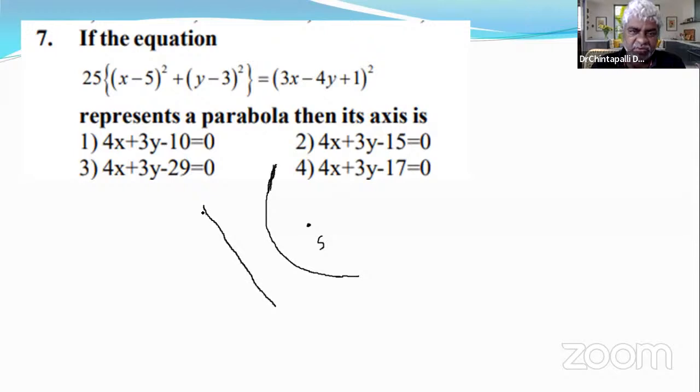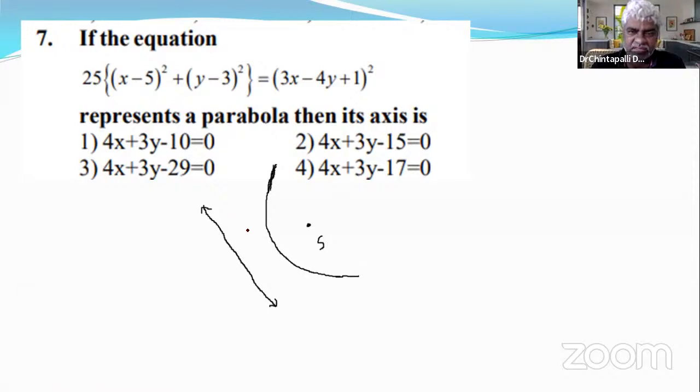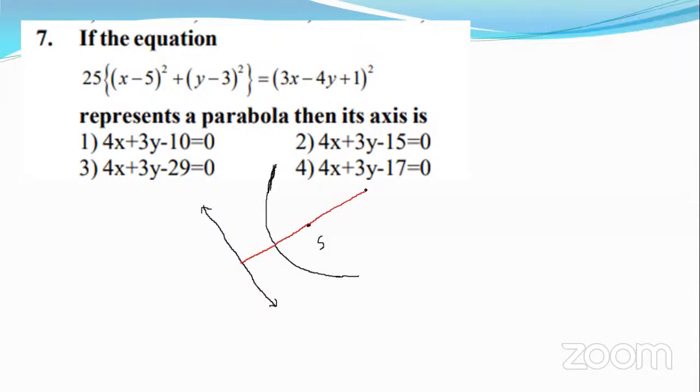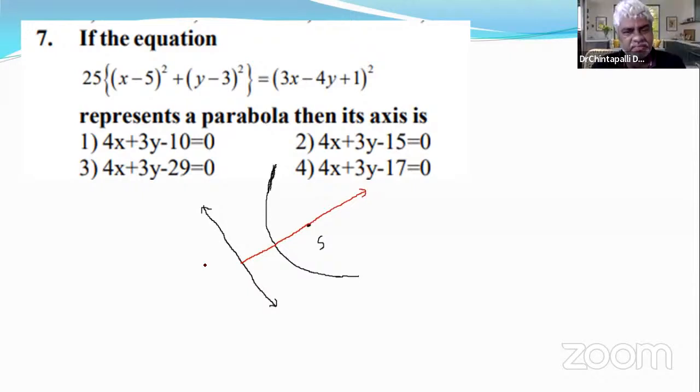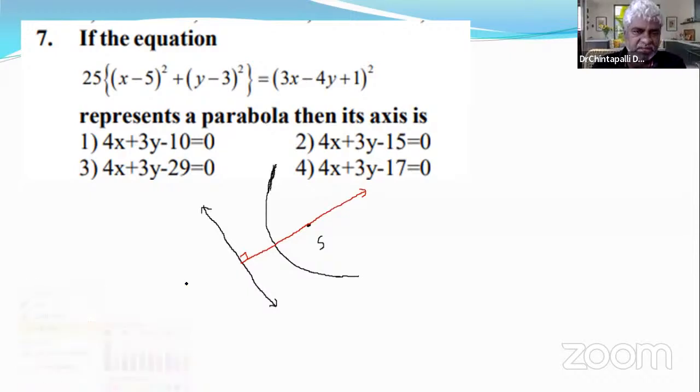From this equation, we can find S and the equation of the line. Can you tell what are the coordinates of S and what is the equation of the line? The equation of the line is 3x minus 4y plus 1 equals 0.